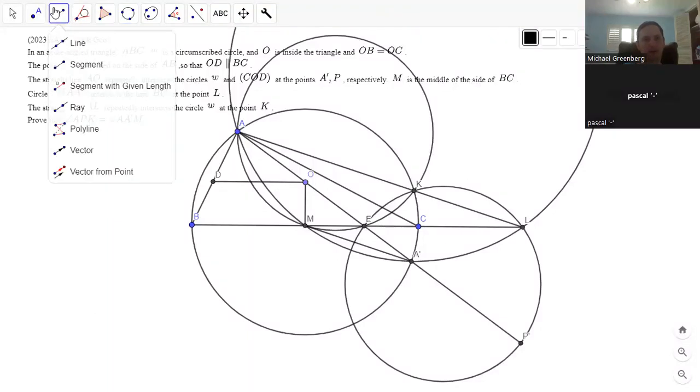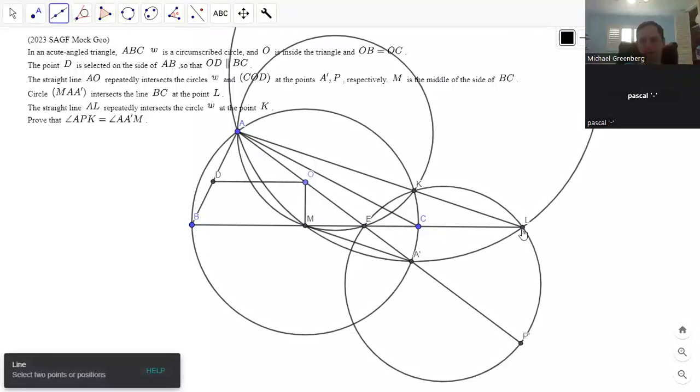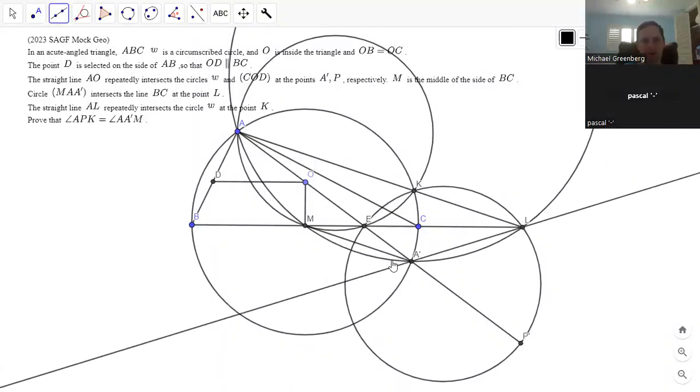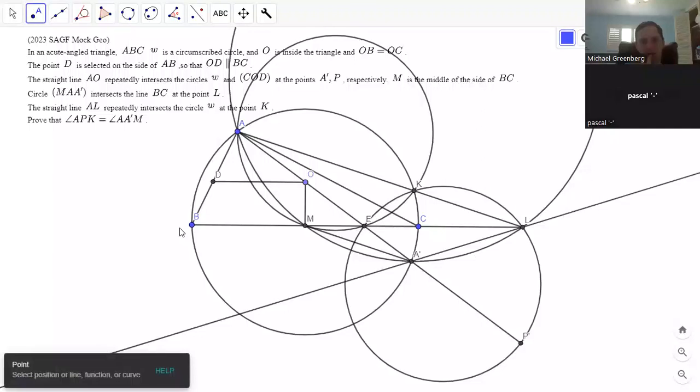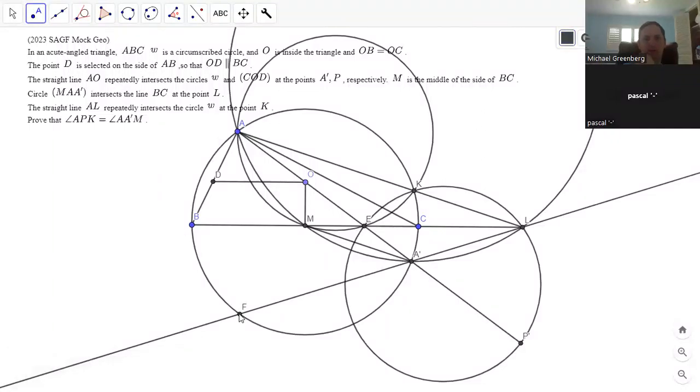Or I guess what we could do is, it's the same as showing that BCAF is a harmonic quadrilateral.